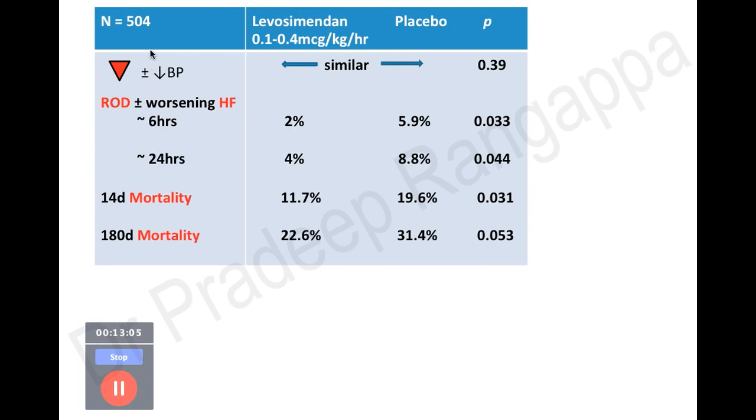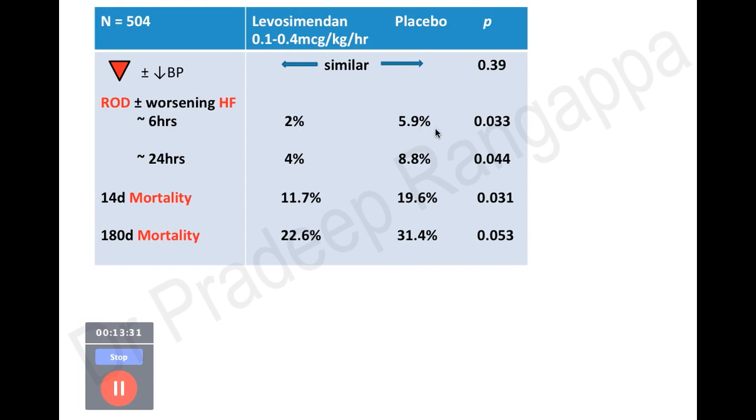So this was 504 patients randomized between levosimendan and placebo. The dosage they used was 0.1 to 0.4 micrograms per kg per minute. They saw that inducible ischemia and hypotension were similar between levosimendan and placebo. But what you see here, interestingly, is that the risk of death with worsening of heart failure at the end of 6 hours was significantly less in levosimendan as compared to placebo.